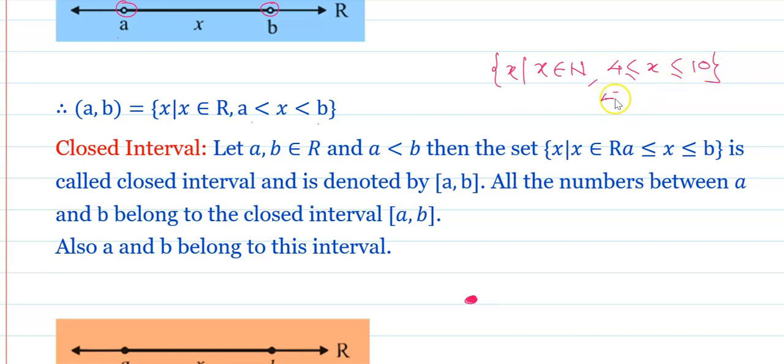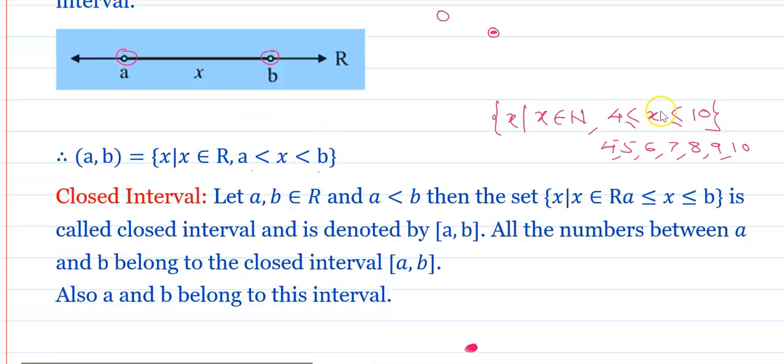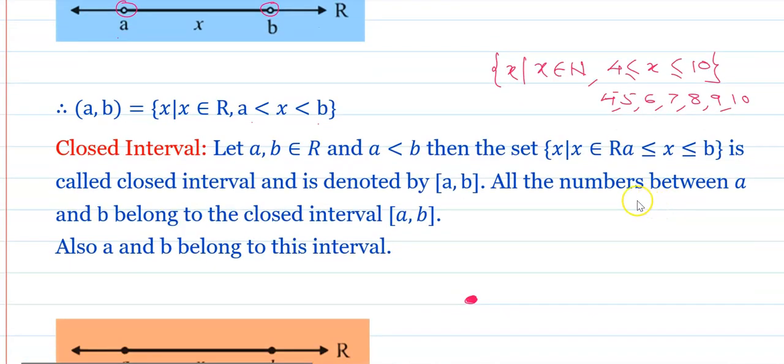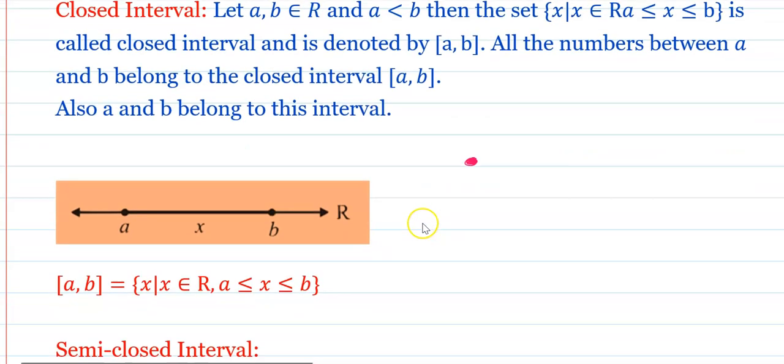The elements are 4, 5, 6, 7, 8, 9 and 10. Here 4 and 10 are included. And in the previous case, 4 and 10 were not included. And this is called the closed interval. It means that a and b are also considered here, and it is denoted by the closed bracket.